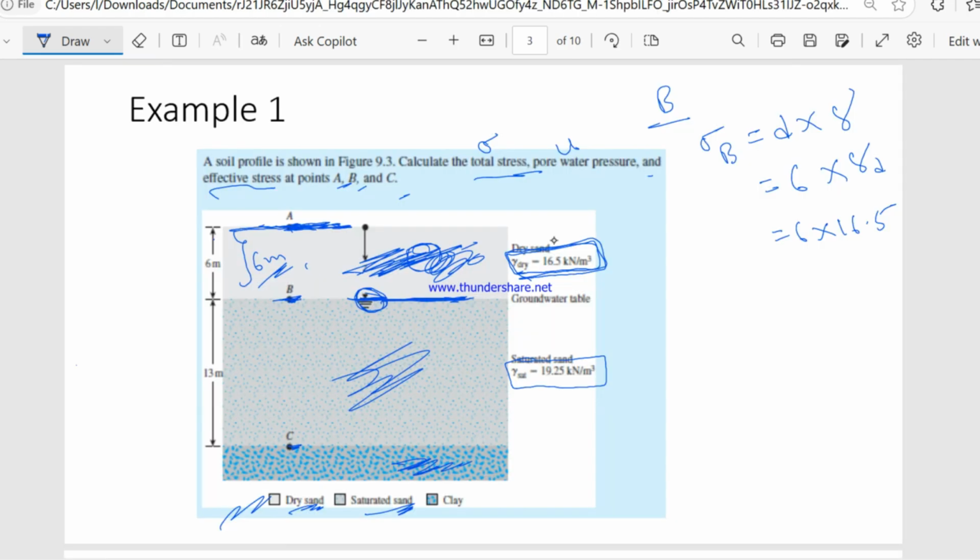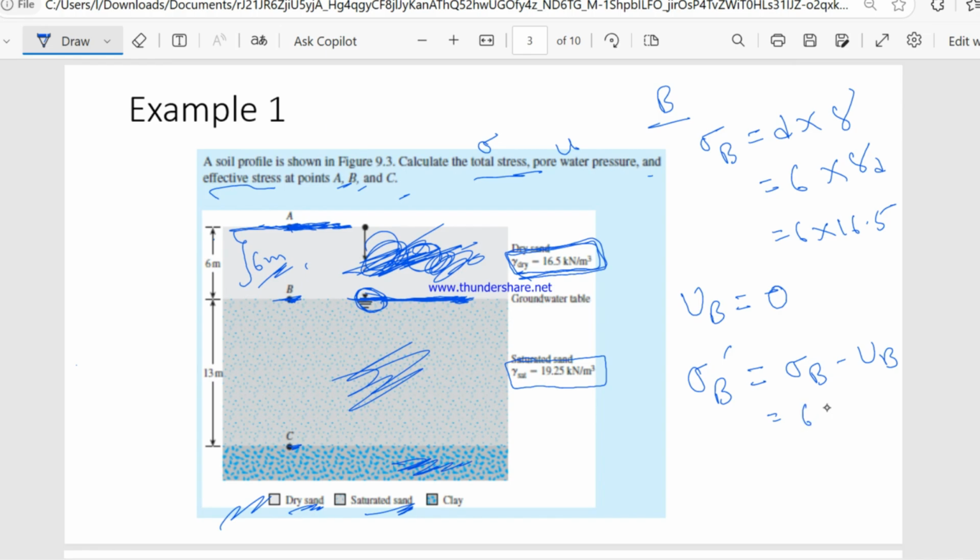So what will the pore water pressure at point B? I already mentioned that at the level of the groundwater table or above the groundwater table, the pore water pressure is 0. So what will the effective stress at point B? The effective stress at point B will be total stress minus pore water pressure.